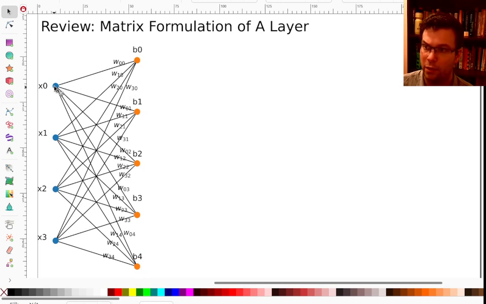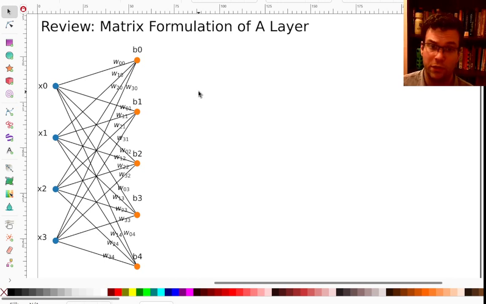So every output here gets fed as an input to every neuron on the next layer. And so in this example, I have 4 neurons in this layer being fed into 5 neurons in this layer. And so that's going to take 4 times 5, or 20 different weights to describe. I also have a bias for every neuron in this next layer here. So I have 5 biases in this example.